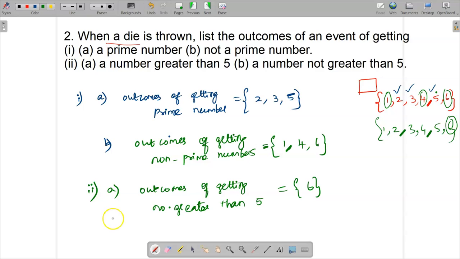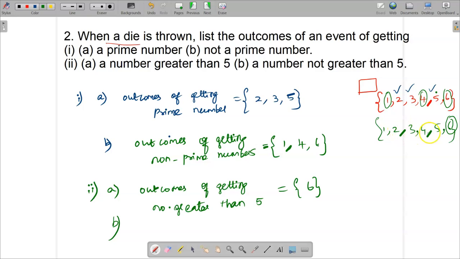And then option B, a number not greater than 5. Which are all the numbers not greater than 5? Definitely it is 1, 2, 3, 4, 5, because 5 is also not greater than 5.